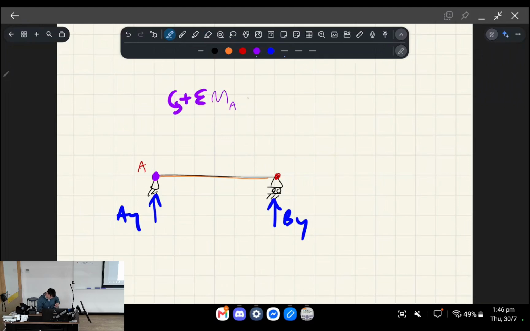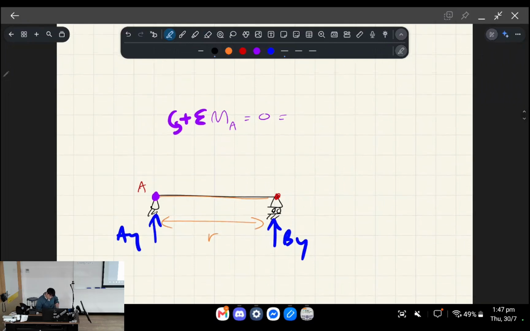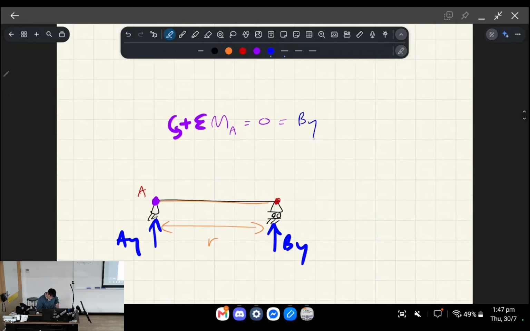Sum of the moments about A is equal to 0, so it's an equilibrium. And we were interested in finding the moment that's induced by reaction By, right? And then let's call that R, right? So that's the lever arm. So we've got By, the force, and you multiply it by the lever arm, right?